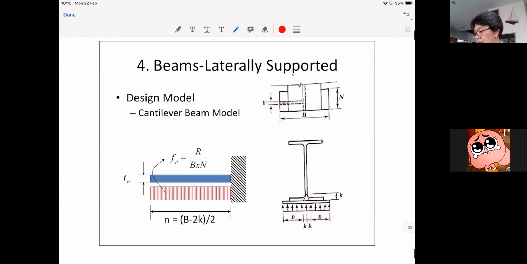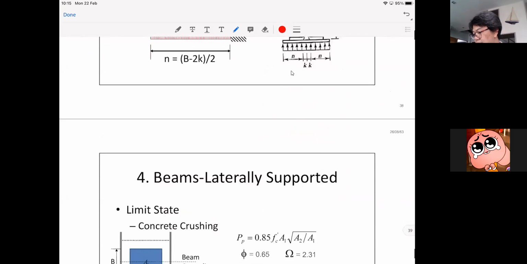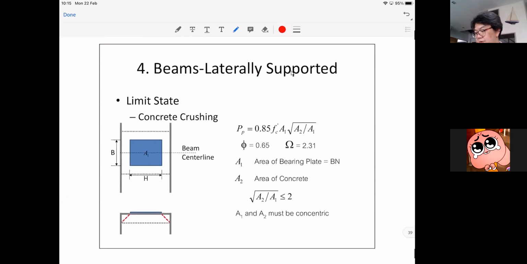I think I'm going to come back here, but let me try to talk about the concrete first. So let's say I have the concrete and I have the plate on top of the concrete. Let's say this blue one is the size of the steel plate that will be put underneath the beam and on top of the concrete.